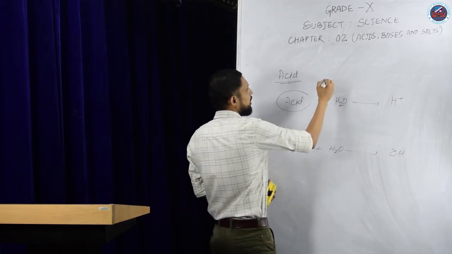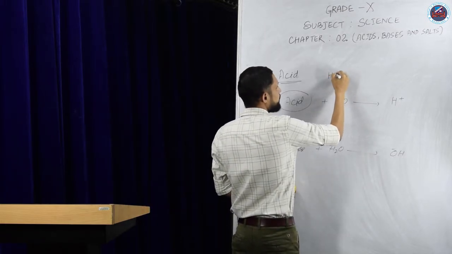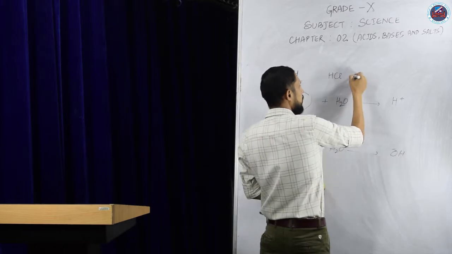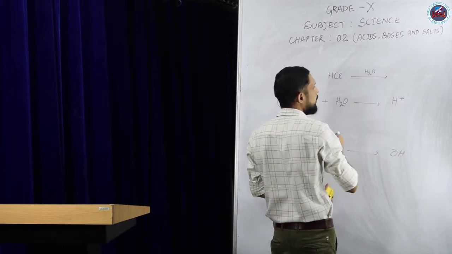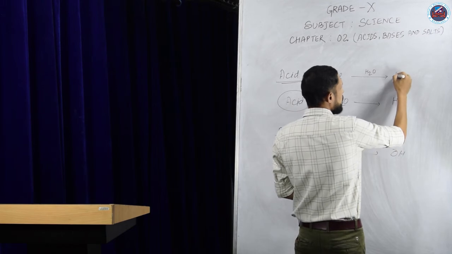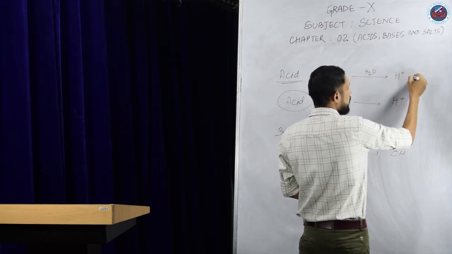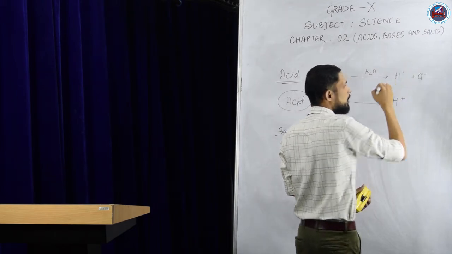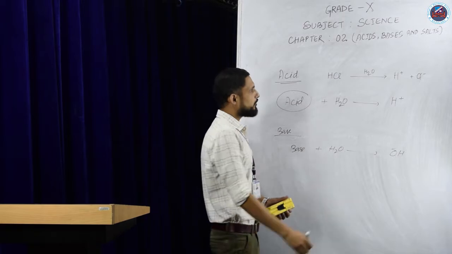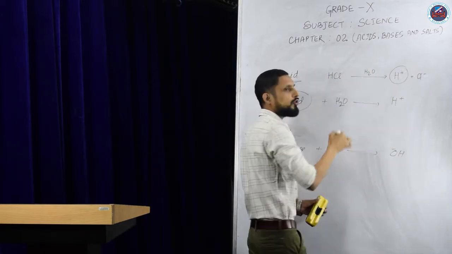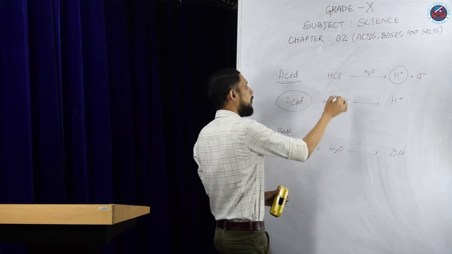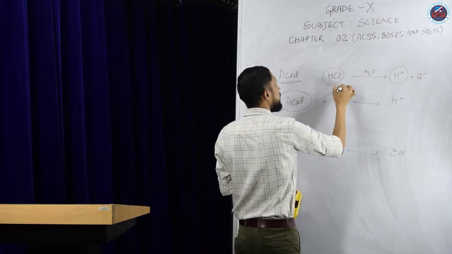You can take the example of HCl. If you dissolve it in water, it will ionize and give H positive and Cl negative. So you can see there is H positive ion in the solution. So therefore, HCl is an acid.